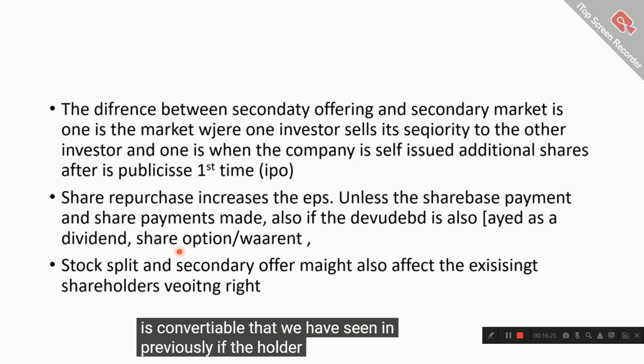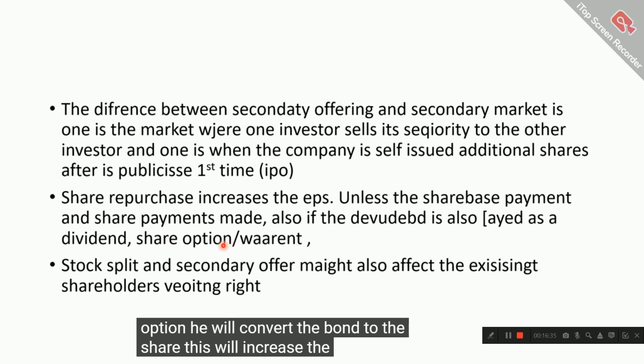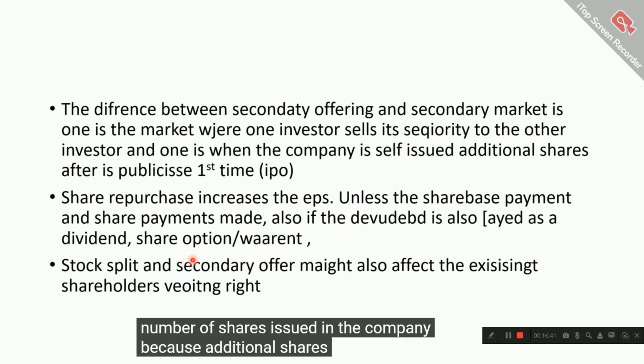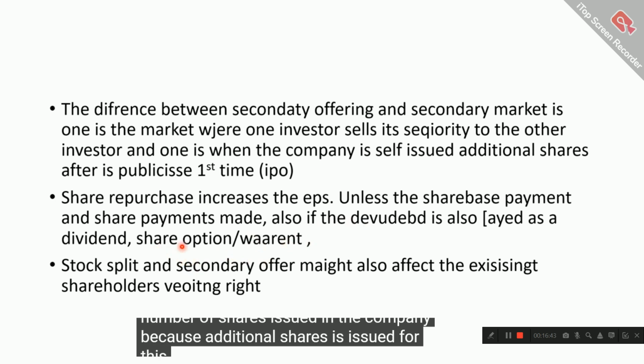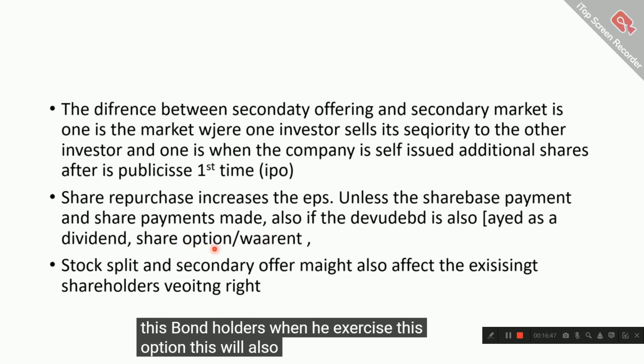This will increase the number of shares issued, because additional shares are issued to the bondholders when they exercise this option. Remember, whenever the total outstanding shares increase, the earnings per share will decline, because you prorate the earnings or profit of the company across the different shares.